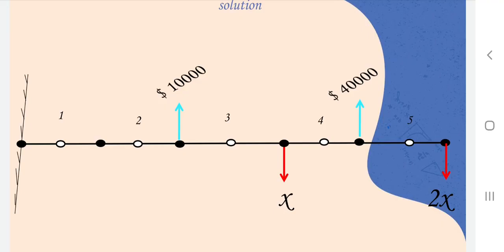You can get the present value of $10,000 plus the present value of $40,000 equal to the present value of x plus the present value of 2x. You can get n for $10,000 equal 4, n for $40,000 equal 8, n for x equal 6, n for 2x equal 10.